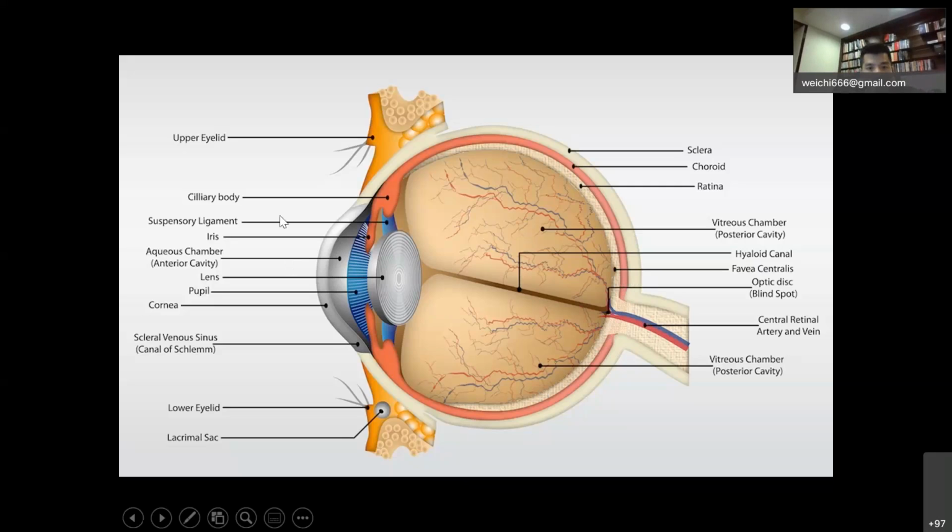So when the light travel from the cornea, they would go into, this is a pupil. Some light will be blocked by the iris, but some light could pass through the pupil and go into the lens. And because the lens has the ability to adapt, it could refract the light, so that we could try to focus the light onto the retina, so that you could get a better image.